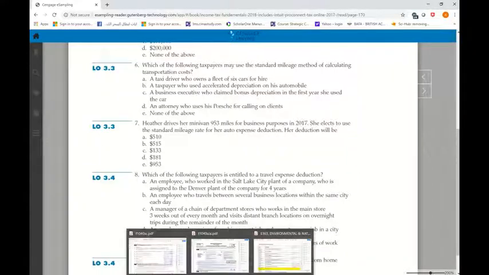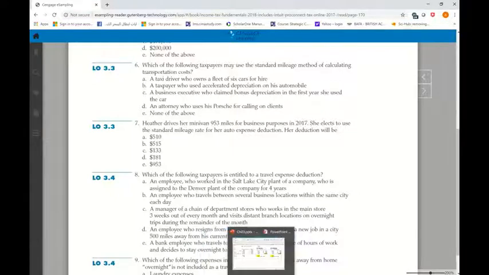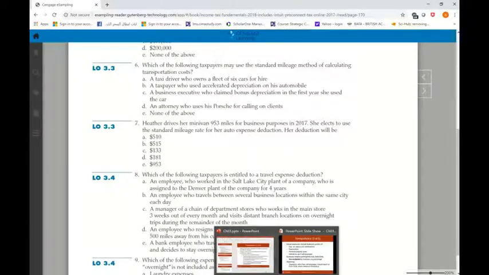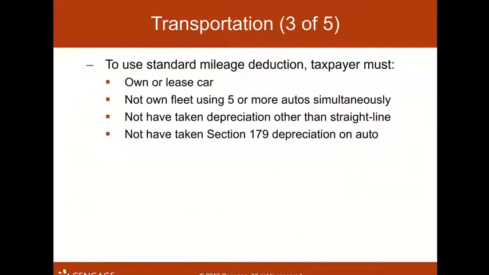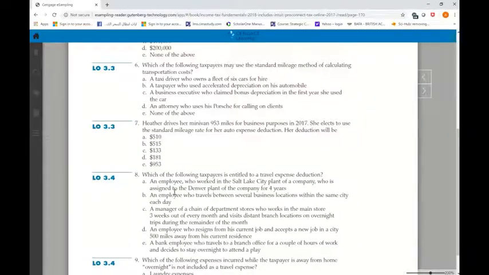Remember the conditions for using this method: own or lease the car, not a fleet of 5 or more autos, not have taken depreciation other than straight line, and not have taken section 179 depreciation, which is accelerated depreciation. A driver who owns a fleet of 6 cars exceeds the maximum of 5.